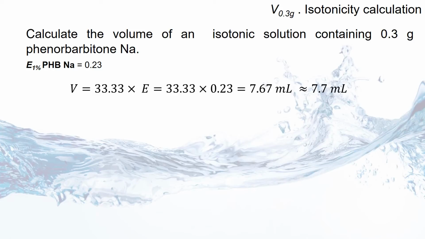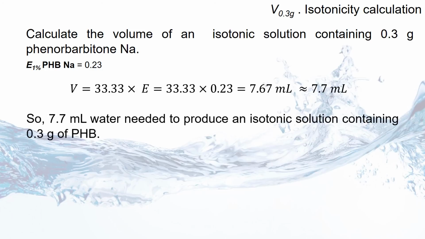By substituting the E 1% into the equation, you will get 7.7. So this 7.7 ml means that 7.7 ml of water or vehicle is needed to produce an isotonic solution containing 0.3 gram of phenobarbital sodium.